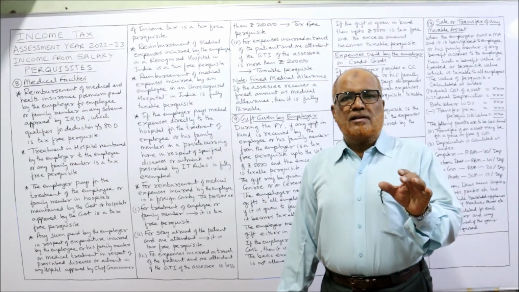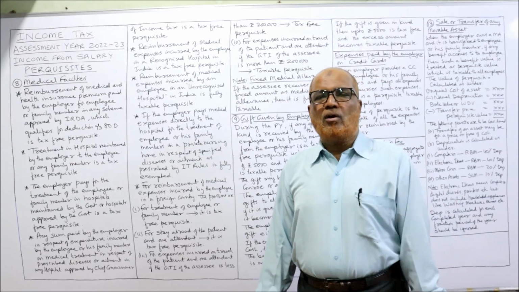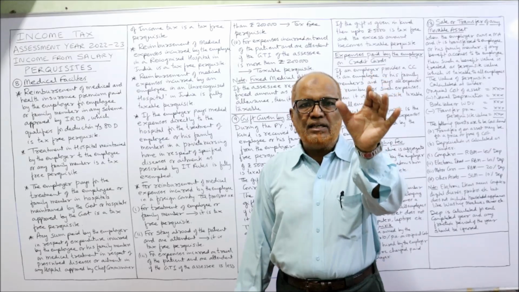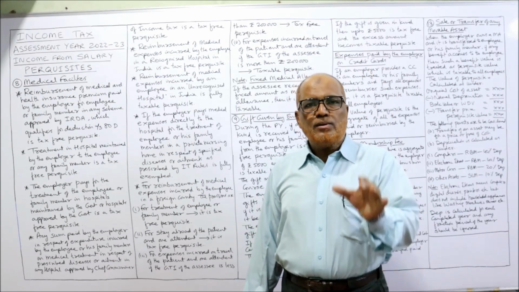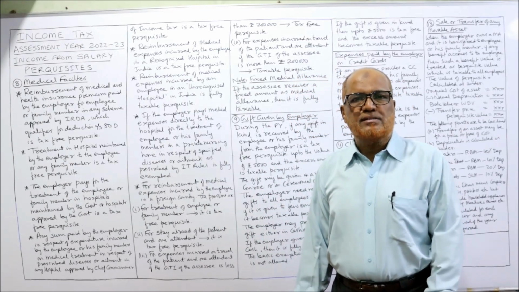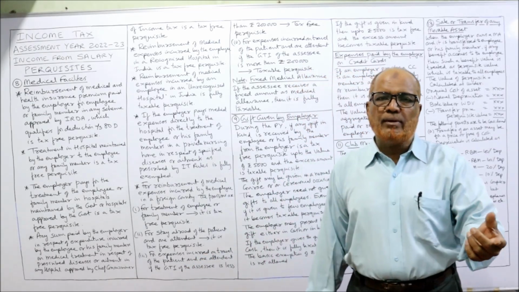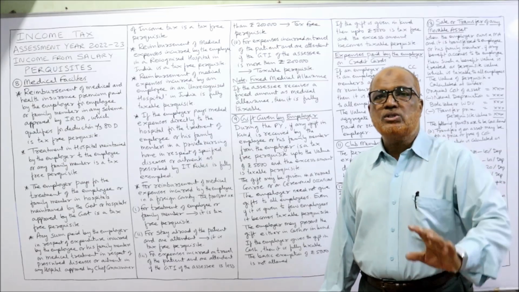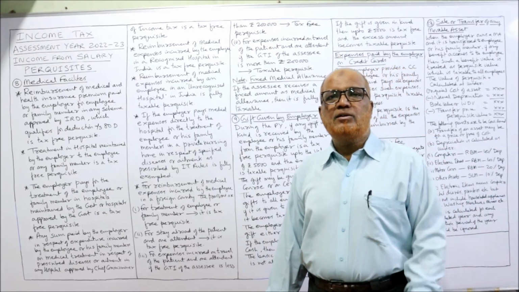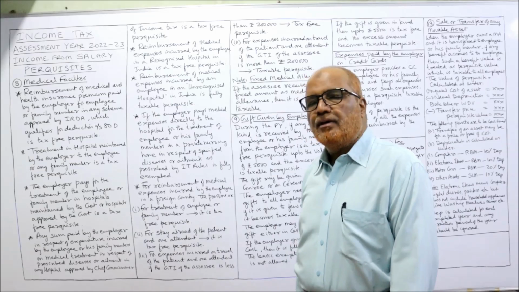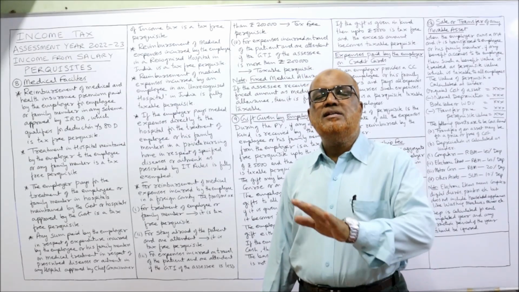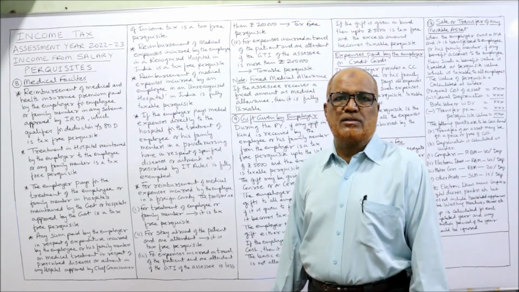Under the Income Tax Act, the Chief Commissioner of Income Tax has prescribed a set of diseases. So if an employee or their family suffers from those diseases and gets treatment in a hospital, then the Income Tax Act says it's a tax-free perquisite.